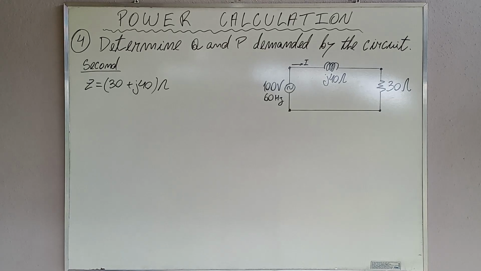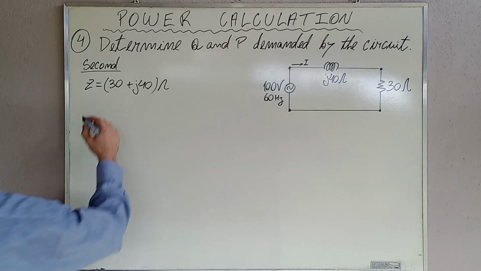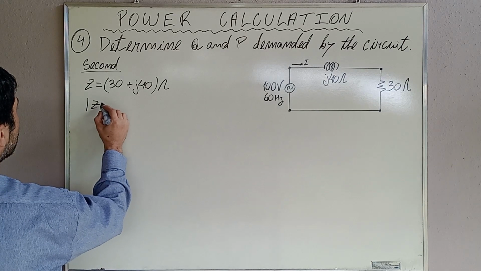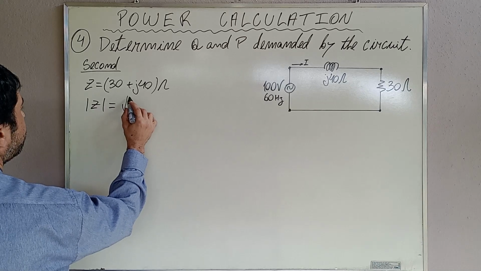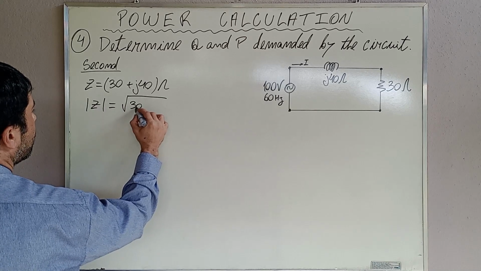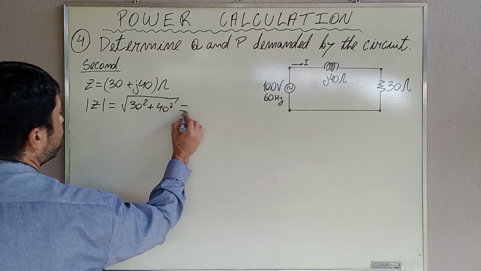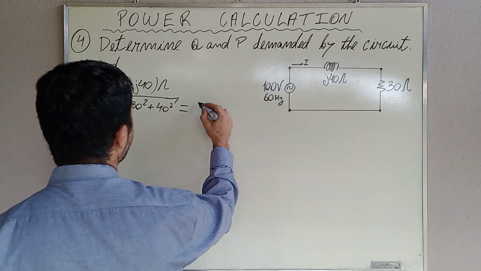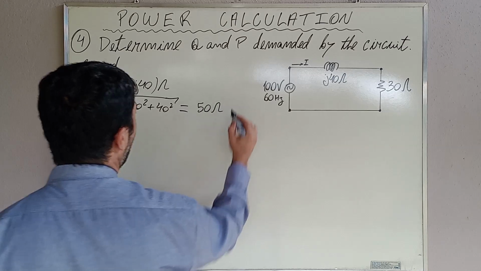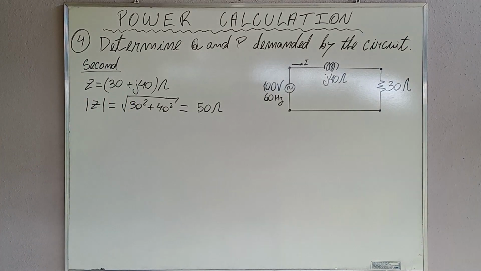The magnitude of the complex impedance is therefore the square root of 30 squared plus 40 squared, and this is equal to 50 ohms.